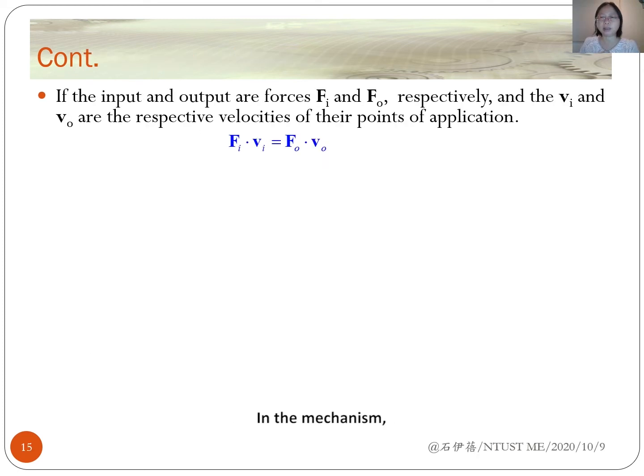In the mechanism, if only input force Fi and output force Fo are applied, and Vi and Vo are the respective velocities of their points of application, the equation of conservation of power is that the inner product of the force Fi and the velocity Vi is equal to the inner product of the force Fo and the velocity Vo.